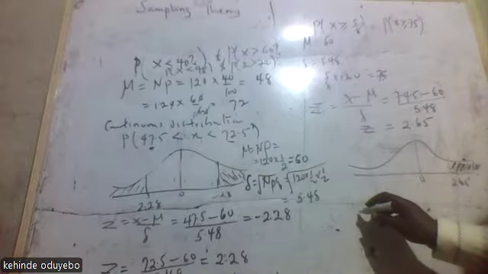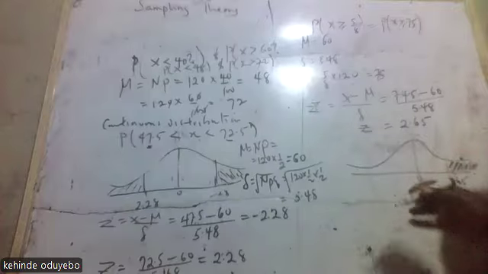I'll shade this side, right? Yes. So get me the area under the curve. Area under the curve for 2.65.